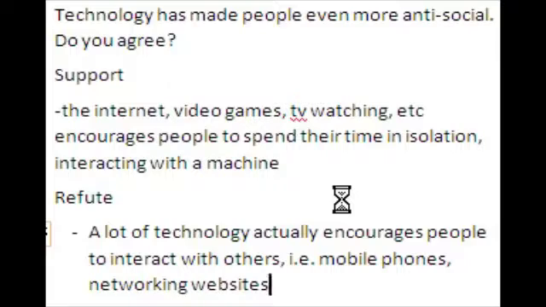So instead of being alone and experiencing technology by yourself and it forcing you to retract from communicating with others, perhaps technology is actually encouraging people to interact with other people.